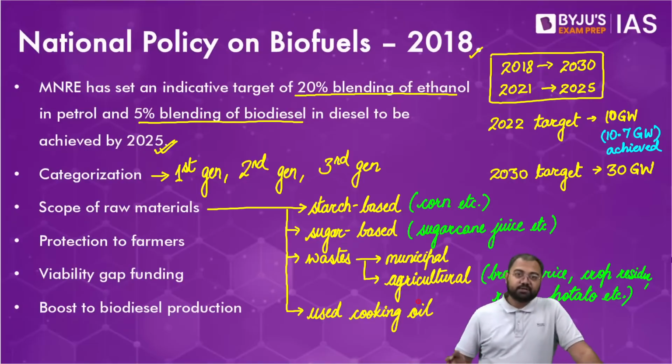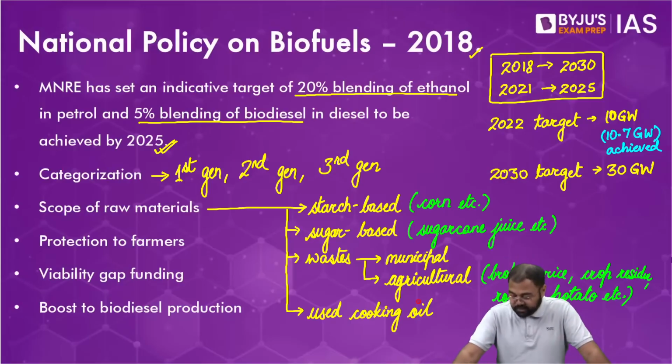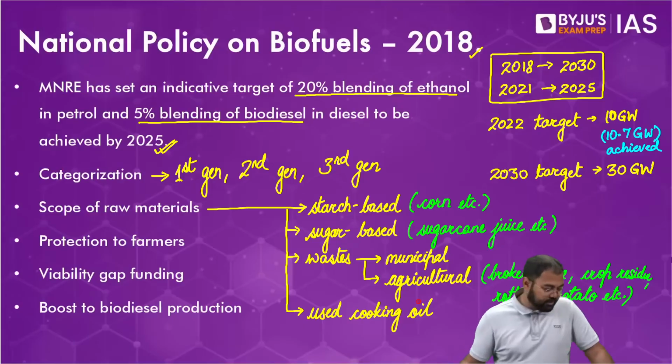So the hotels, etc., don't have to use the same oil over and over again, and can simply give it out to these agencies, and these agencies will provide it to the different kinds of biofuel production plants that we have. Whether it is ethanol or biodiesel, especially for biodiesel, this becomes very crucial, because in biodiesel production, all this used cooking oil will be very important and useful.